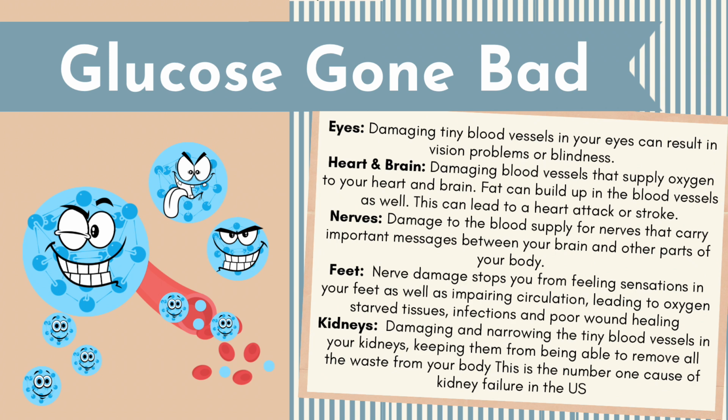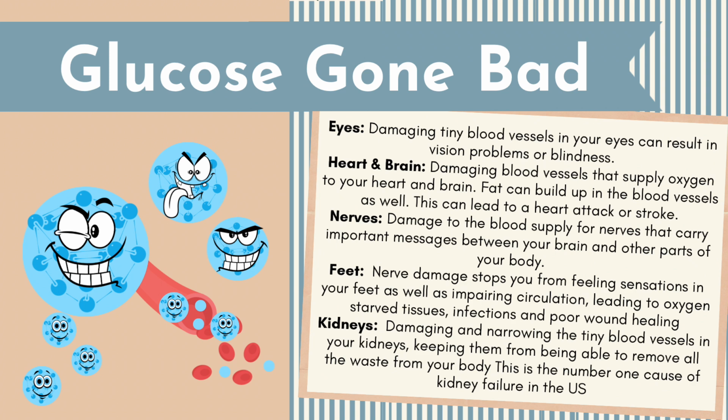So for your eyes, this is why if you're diabetic, we want to make sure that you see an eye doctor once a year. You need to stay on top of your vision. It can be completely asymptomatic while something is going on that could potentially risk your vision. And that's just too important of a thing to risk, right?